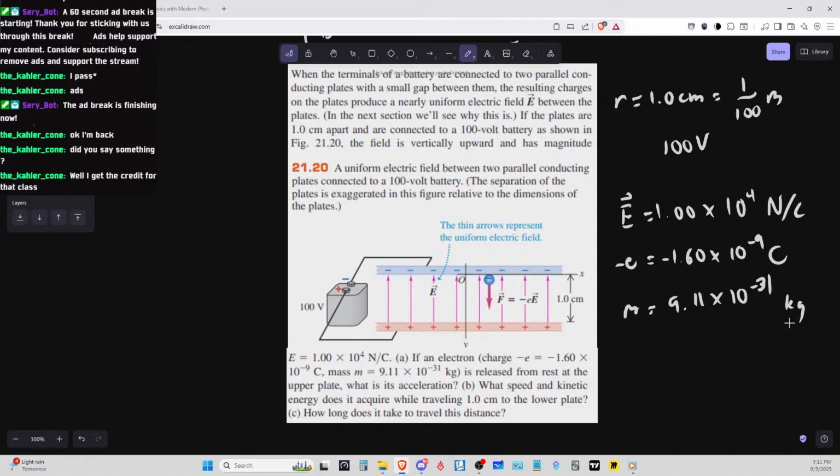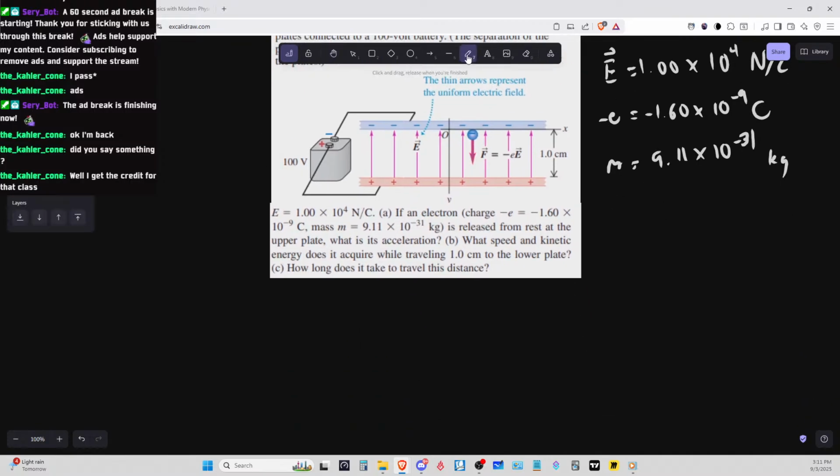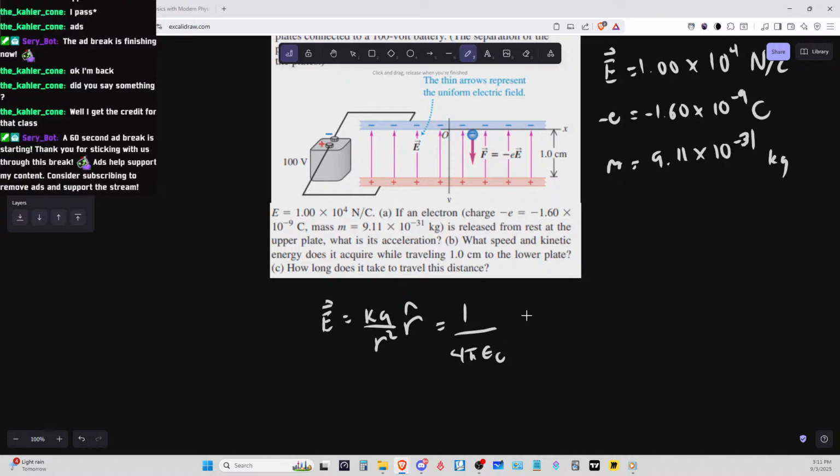Alright, so I think we should just write our equations out. So we have E is equal to kQ over r squared, or we can just write this out just in case we need it, so we can see possible relationships.